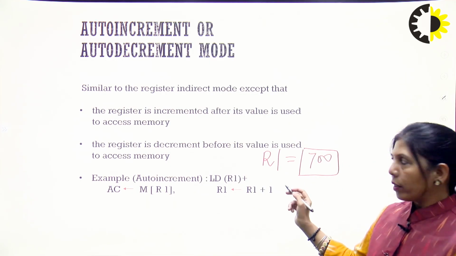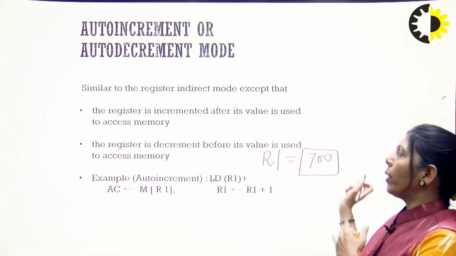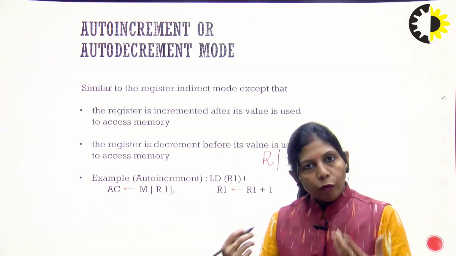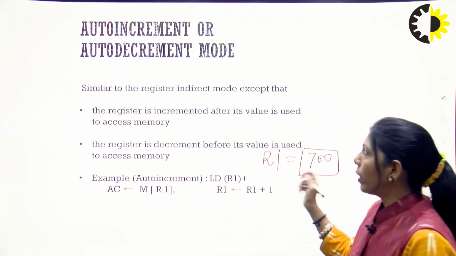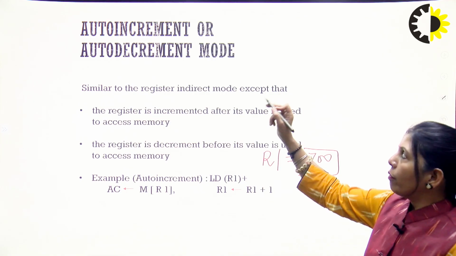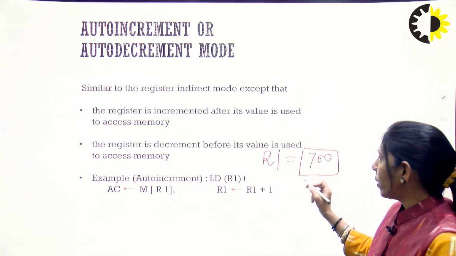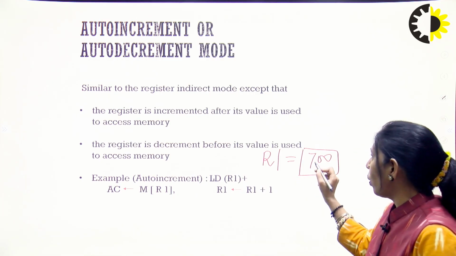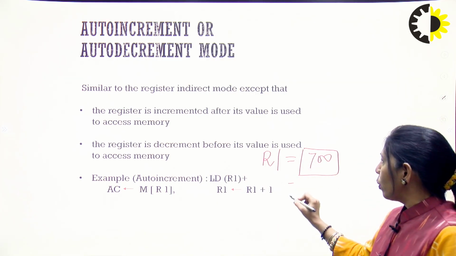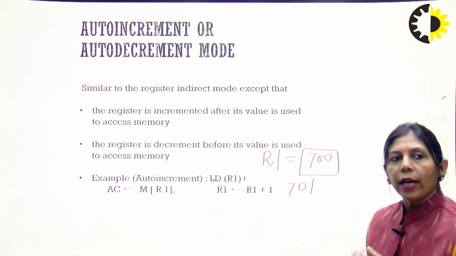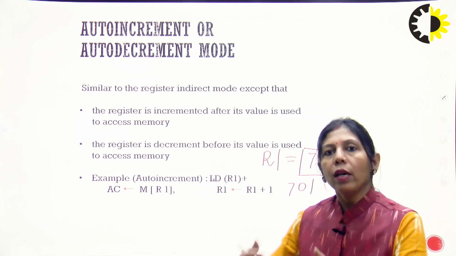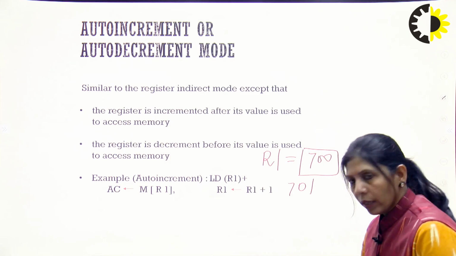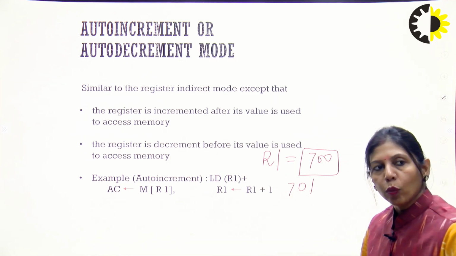This value will be given for the calculation, but if there is auto increment, then after the calculation is done, this value will be automatically incremented to 701 so that it points to the next instruction in sequence order.